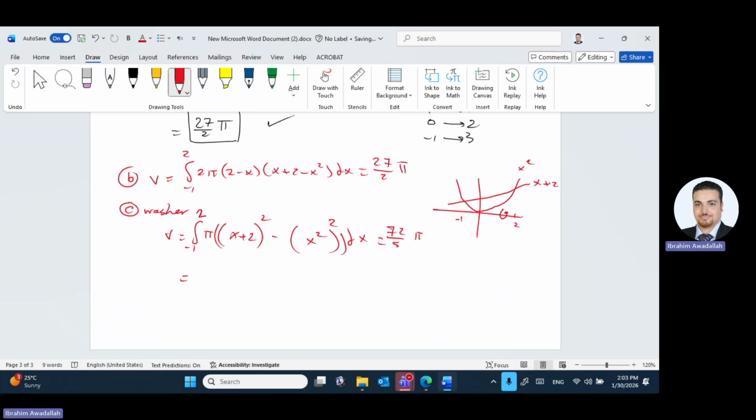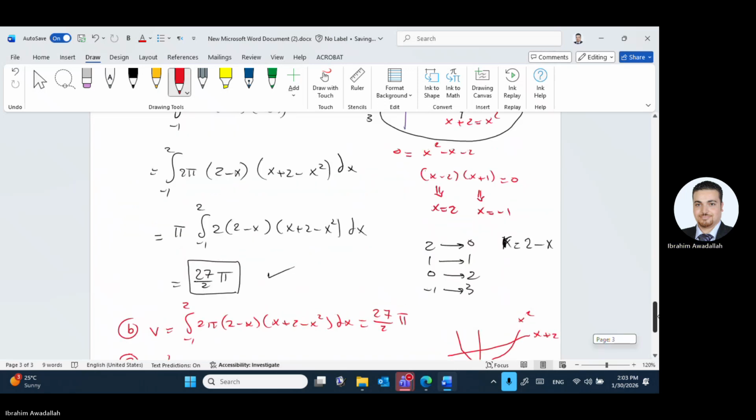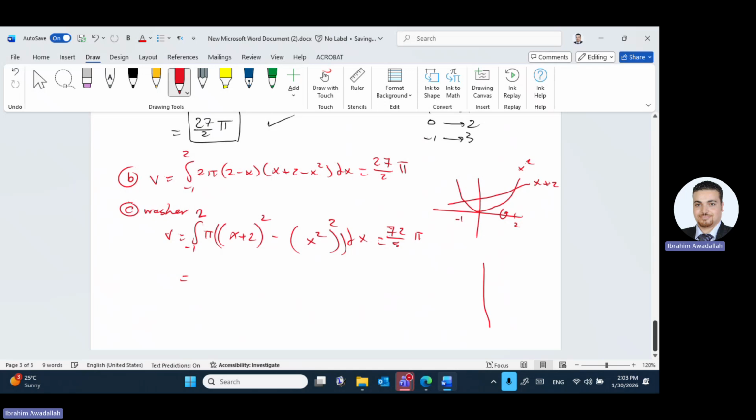I would not write the pi, you know that. (x plus 2) squared minus open brackets x squared, close the brackets, squared again, close the big brackets, and equal 72/5. Then add the pi. The answer is completely correct. Good work. Now the last question, and we don't have a lot of space here, but that's fine because the graph will be the same.